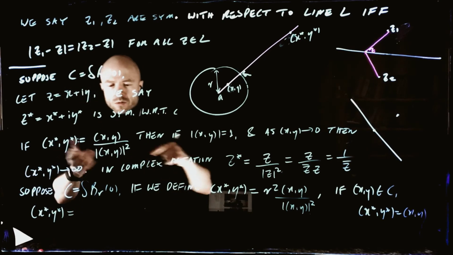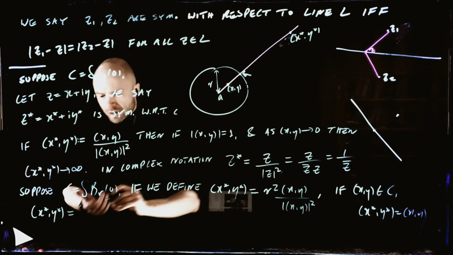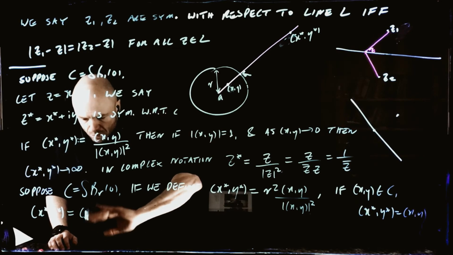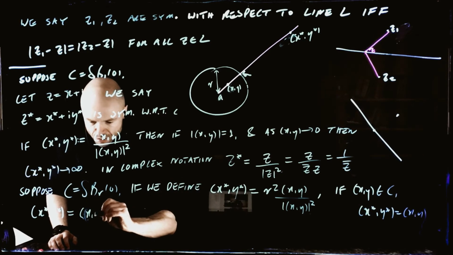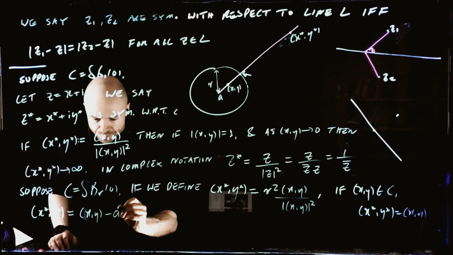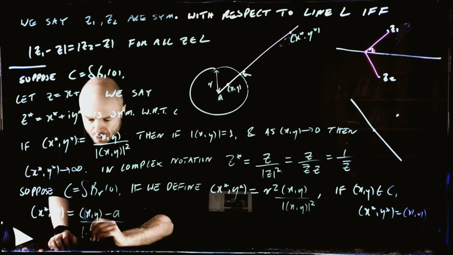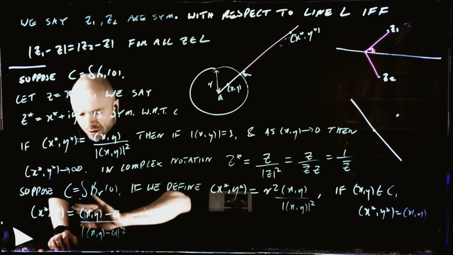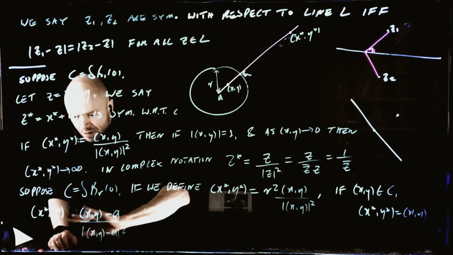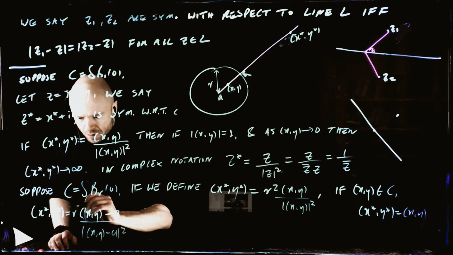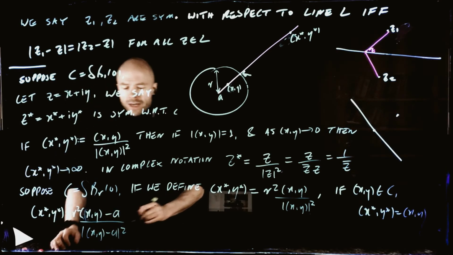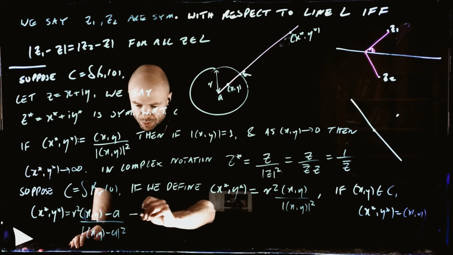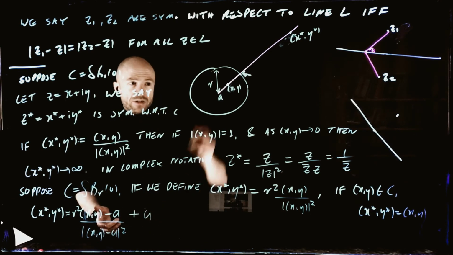And now we're considering how close we are to a, so we're going to do this. We're going to go xy minus a over xy minus a squared. We're going to have to multiply by this r squared thing here, right? And then we're going to have to add a to everything to put it back on the ray centered at a, right?